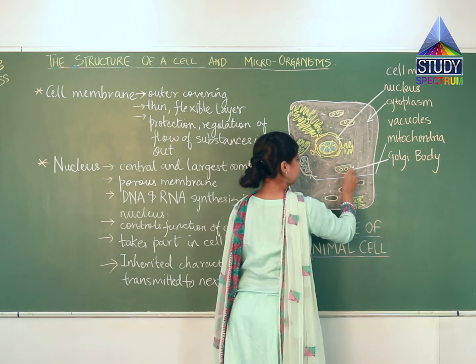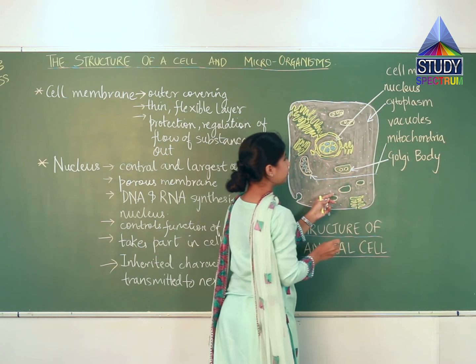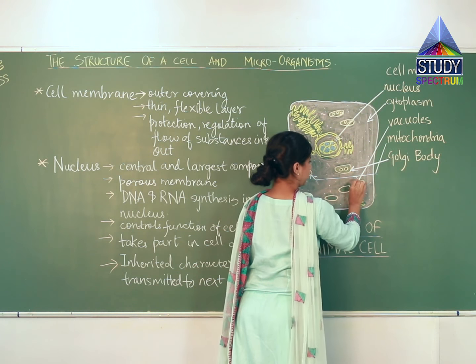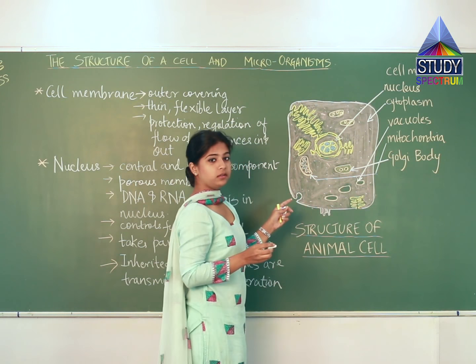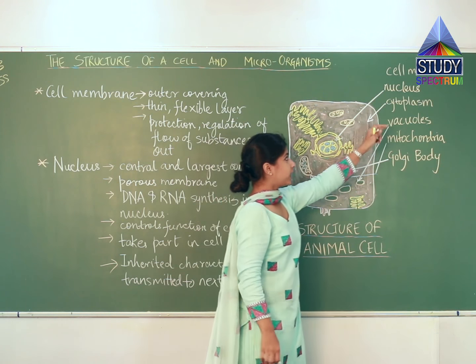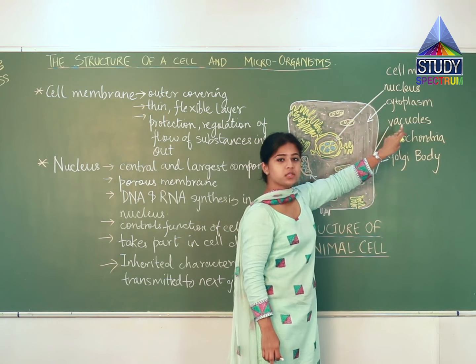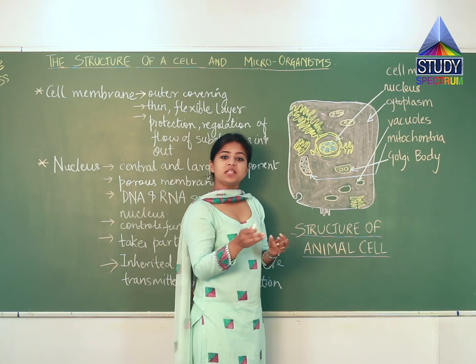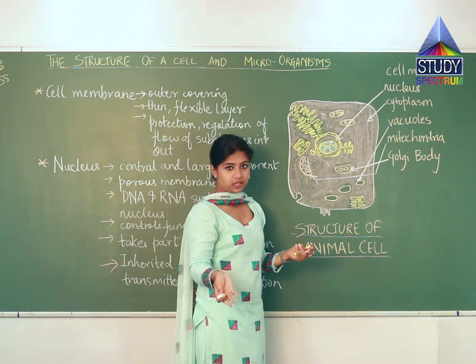We'll mark that. Then we have the vacuoles that are over here. And lastly, all these organelles, what I explained to you were nucleus, cytoplasm, vacuoles, mitochondria, Golgi bodies.